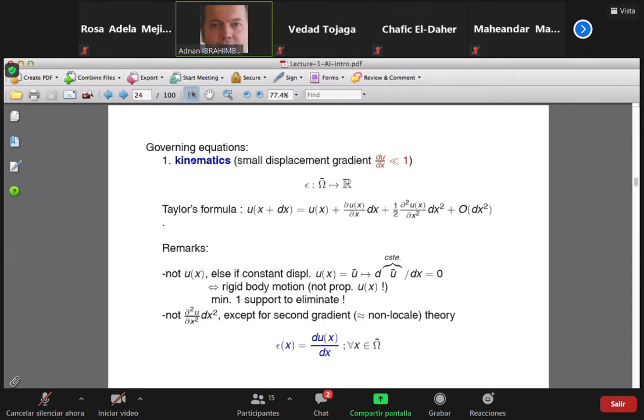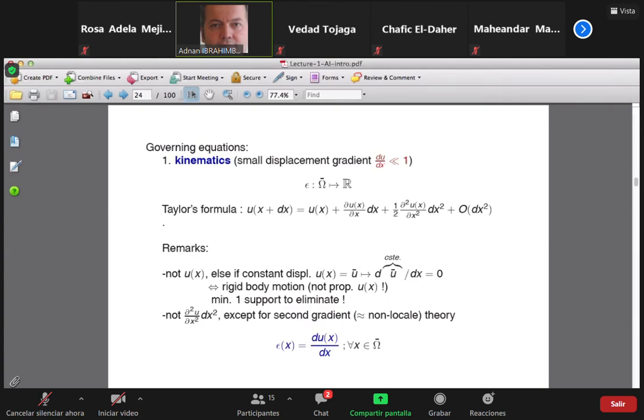So first, kinematics. When we have a small displacement gradient theory, that means if you follow how the displacement changes, and the change is given by taking the derivative of the displacement field u with respect to x, because if u is a function of different values along the length of the bar, the derivative du/dx will give you how this change is happening. So we study only a very small displacement gradient.